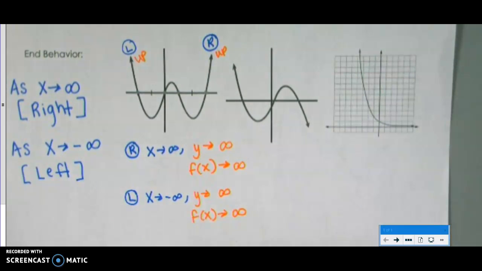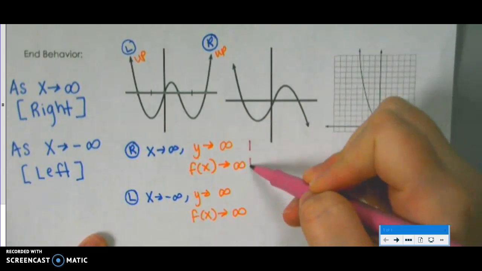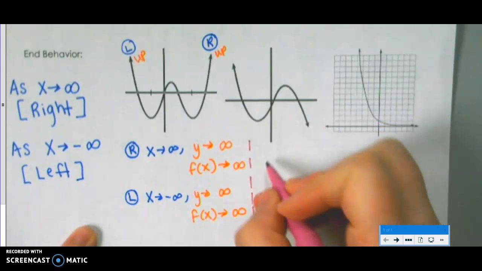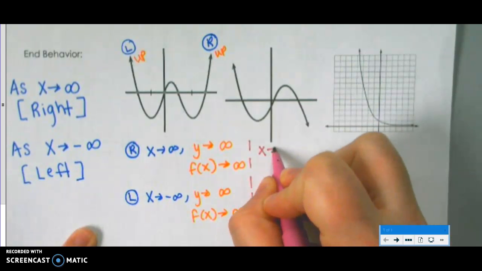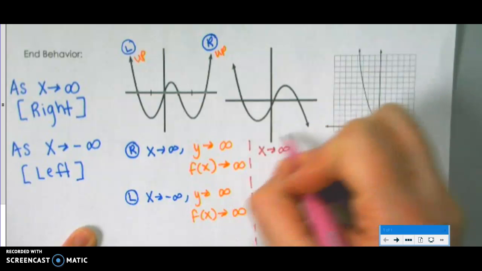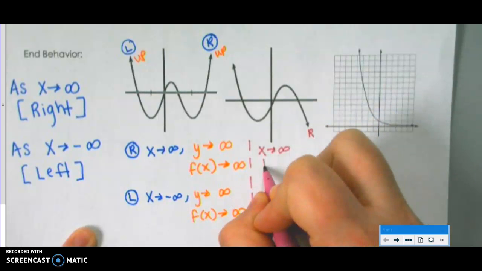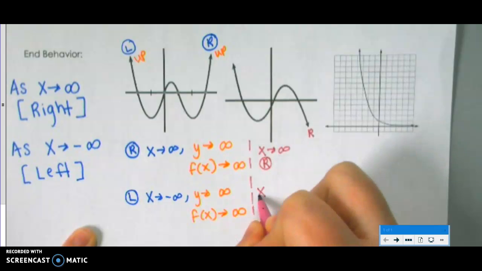All right, I'm going to switch colors for the next example just because I don't want those 2 examples to get confused. Same thing, we need a right arrow statement and we need a left arrow statement.